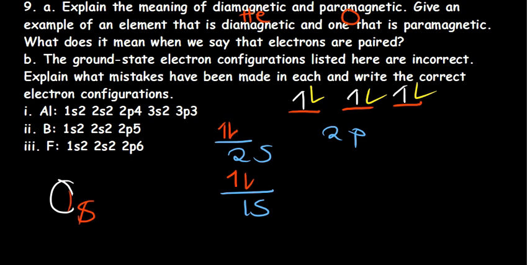And then how many more do we need? We have 4 already. So 5, 6, and then 7, and then 8. So see, there are 2 electrons that are unpaired there. So this makes oxygen paramagnetic.